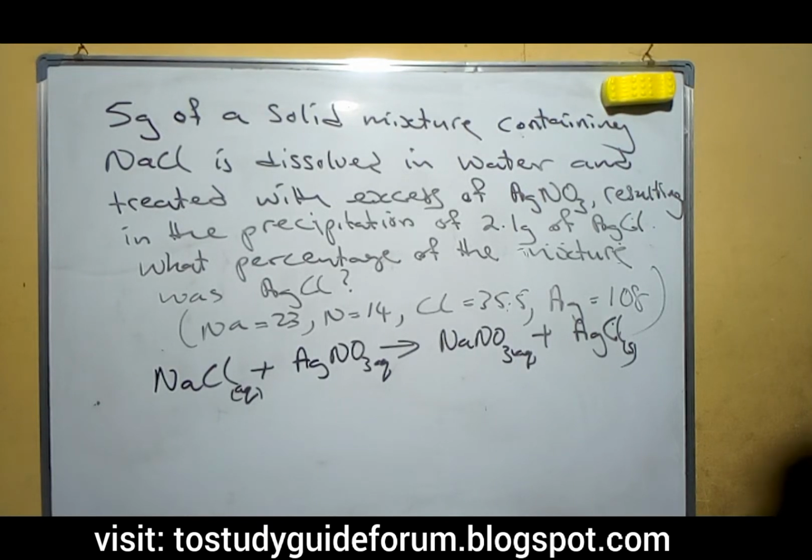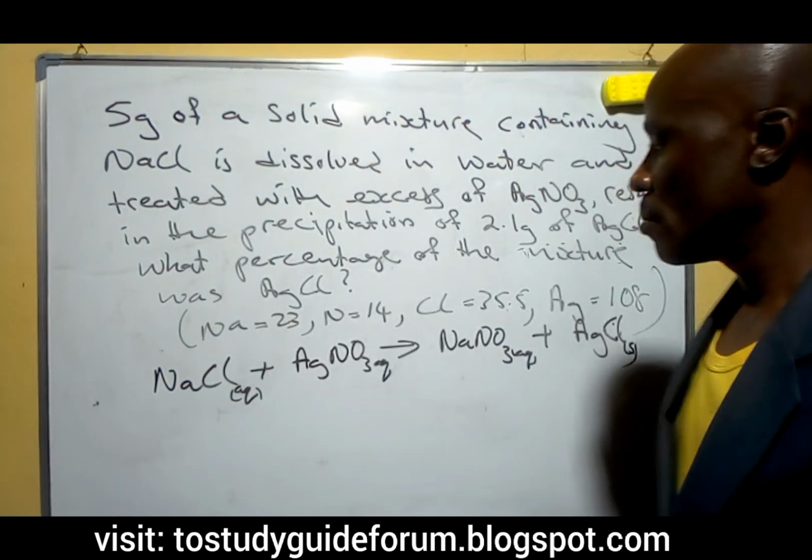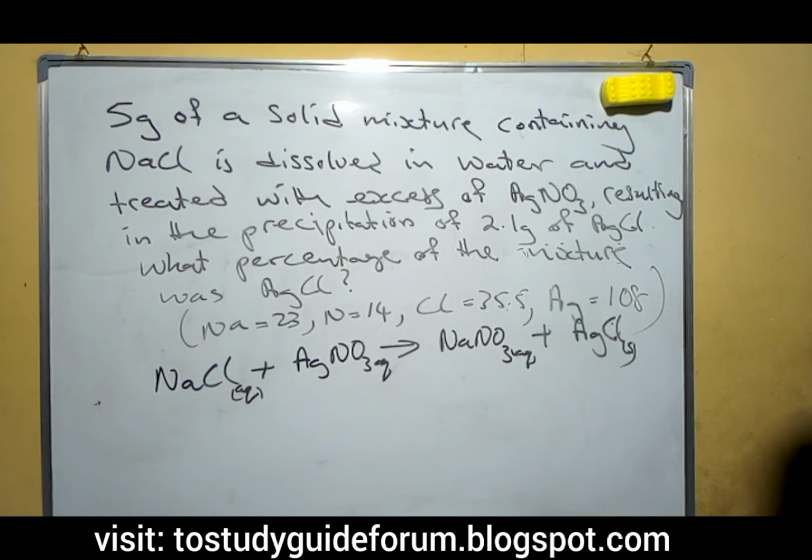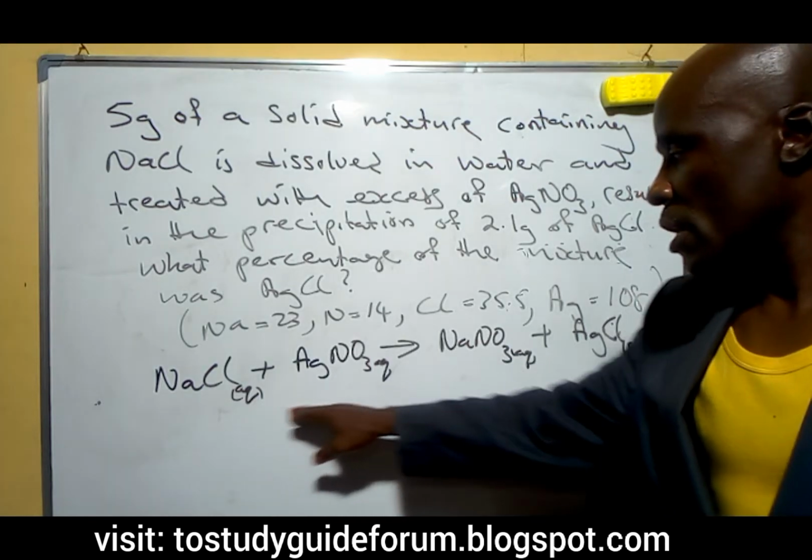So we have the relative atomic mass of sodium, nitrogen, chlorine, and silver there. The chemical equation is there already.